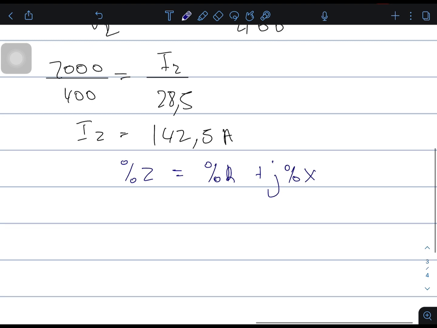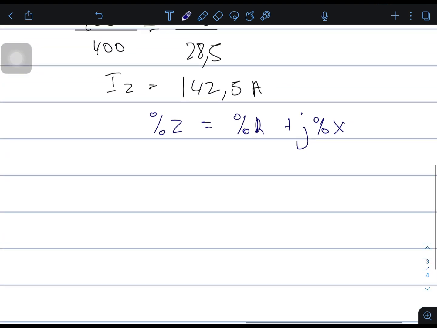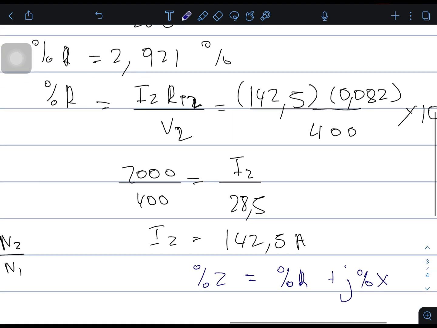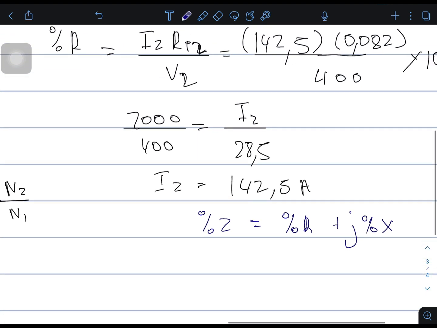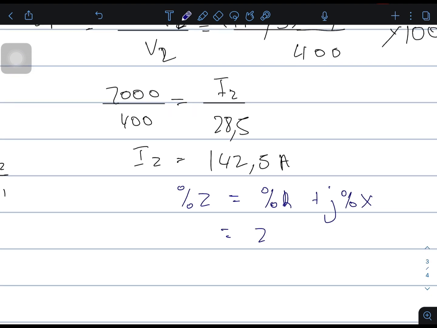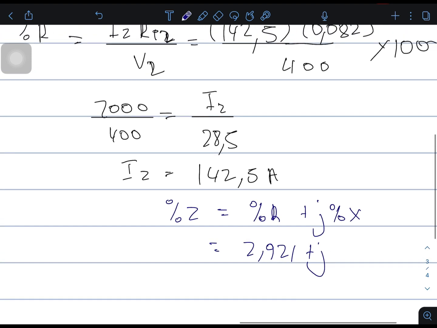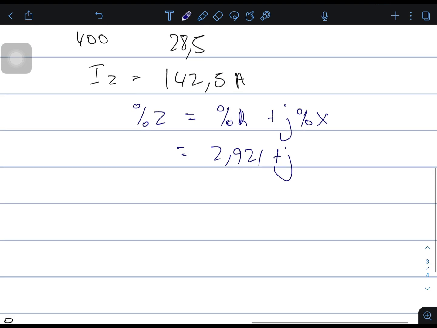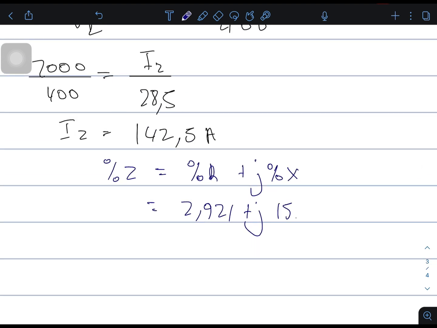The percentage resistance we calculated is 2,921 plus j, the percentage reactance we calculated is 15,675.